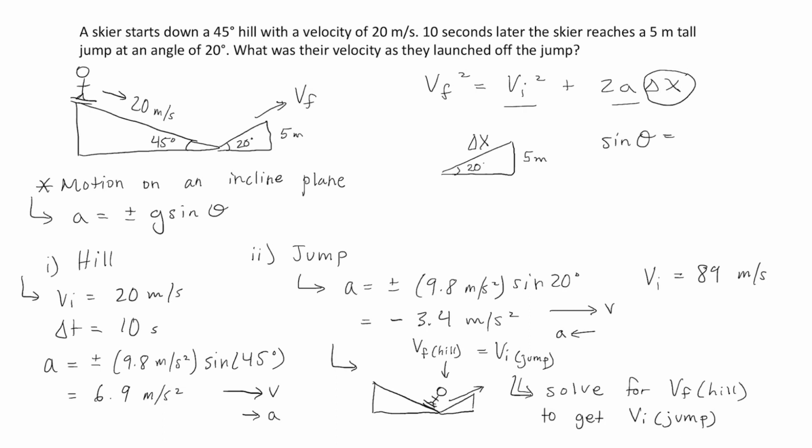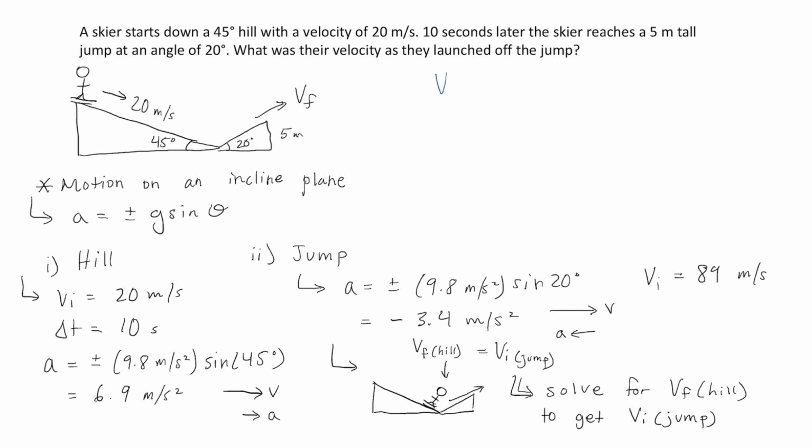So we will use sine theta is equal to opposite over hypotenuse. We will rearrange for the hypotenuse, plug in our values, and we find that delta x is equal to about 14.6 meters.